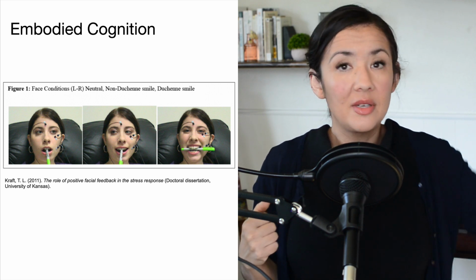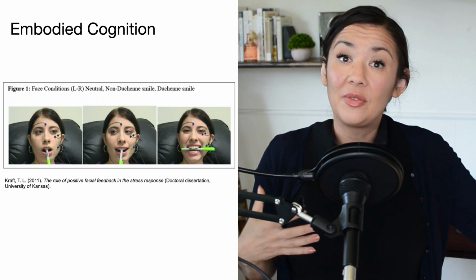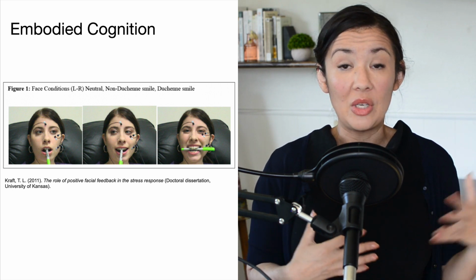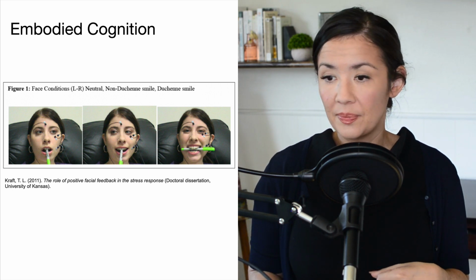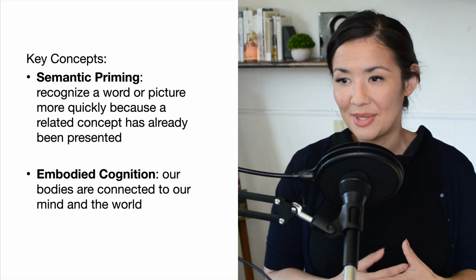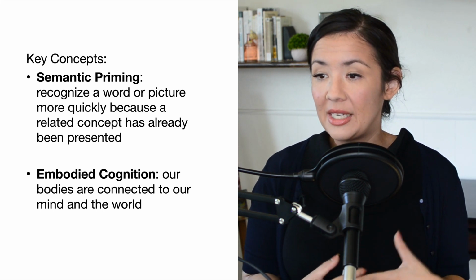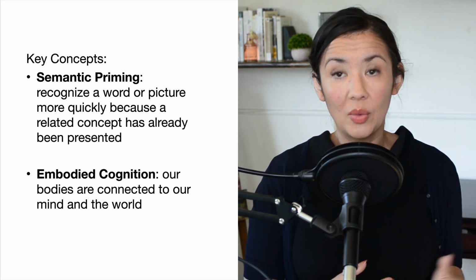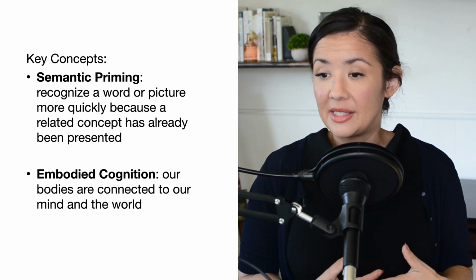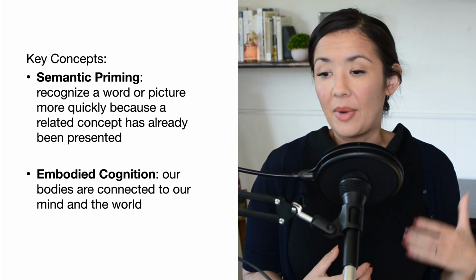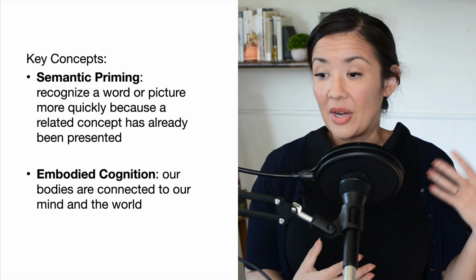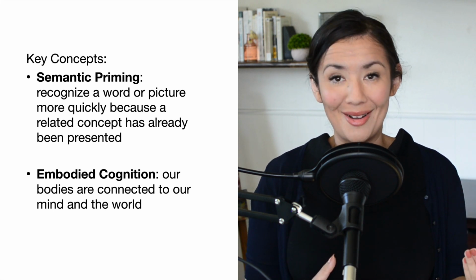When you have a positive association with something, you might literally feel better when you see or experience that information. Okay, key concepts here. So that semantic priming is recognizing a word or picture more quickly because a related concept has already been presented. And embodied cognition is that our bodies are connected to our mind and the world.